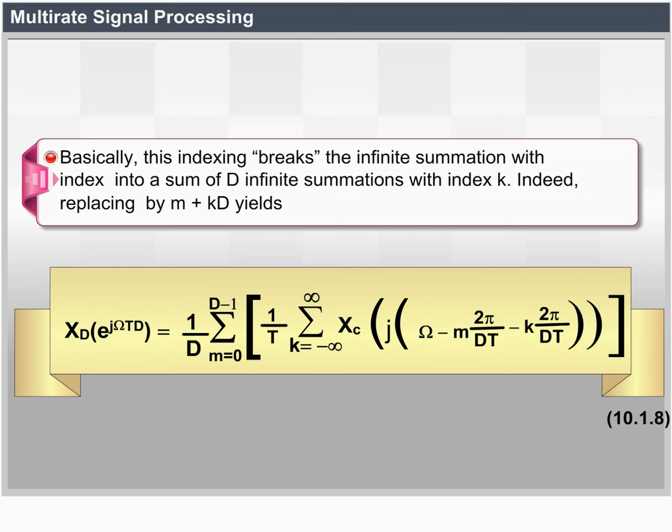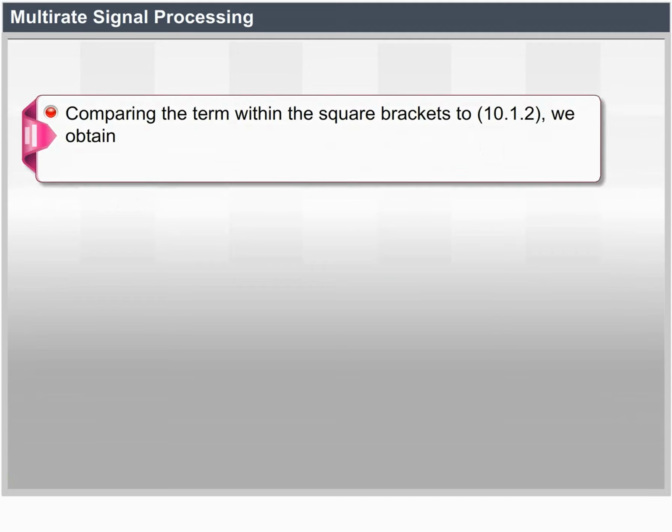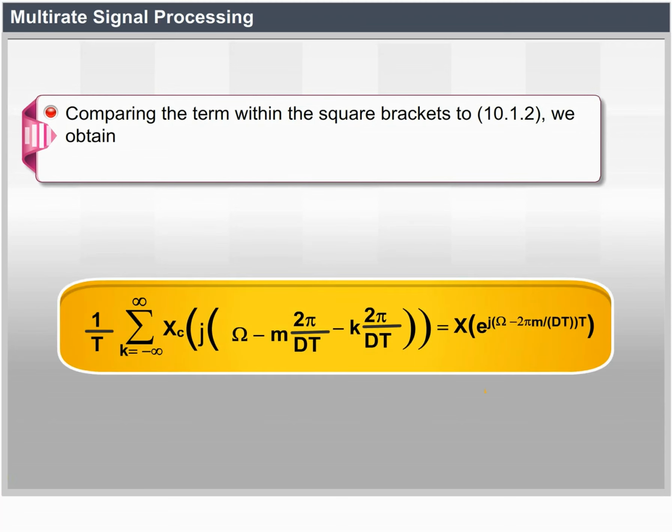Comparing the term within the square brackets to 10.1.2, we obtain (1/T) Σ_{k=-∞}^{∞} Xc(j(ω - m·2π/dT - k·2π/T)) = X(e^{j(ω - 2πm/dT)T}), called equation number 10.1.9.